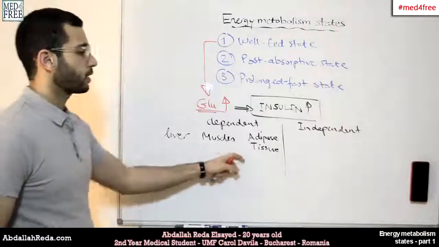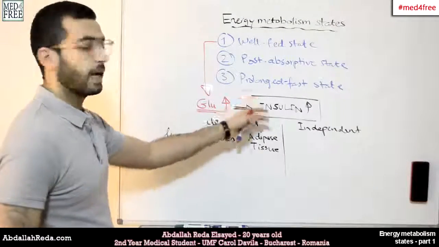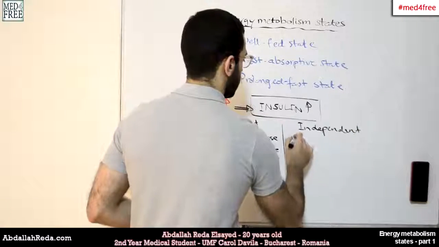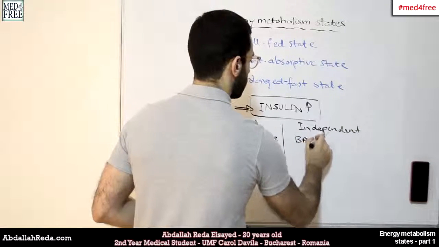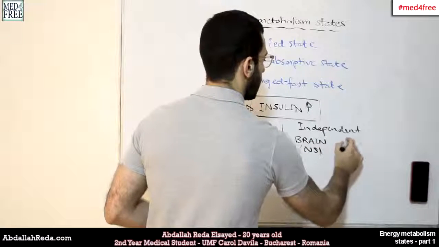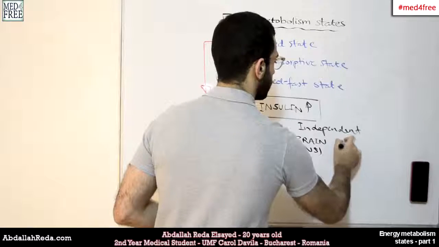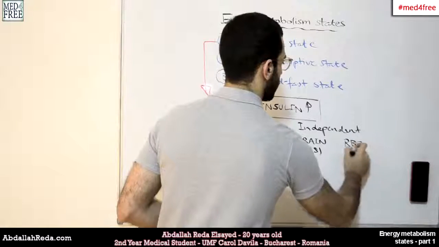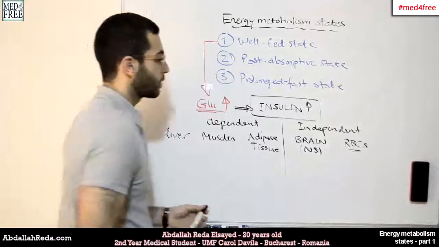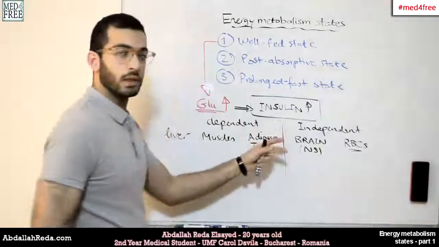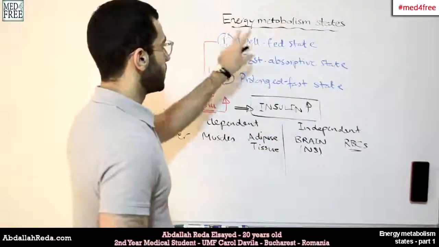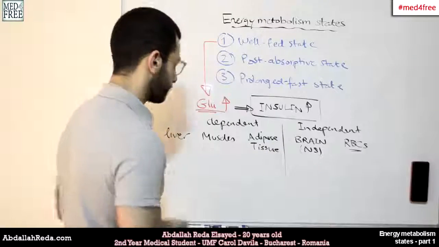So these structures are dependent on the action of insulin. The independent structures are the brain and the nervous system, and we have also the red blood cells, erythrocytes. And what this means is that these structures don't depend on insulin in order to regulate their energy metabolism needs.